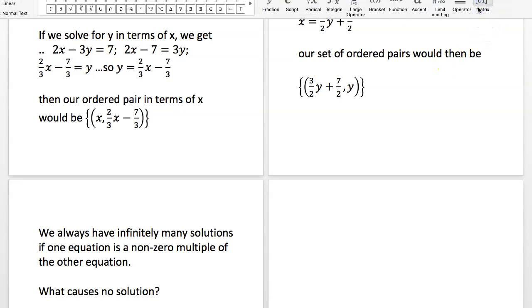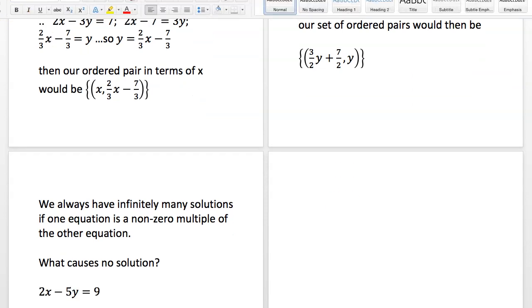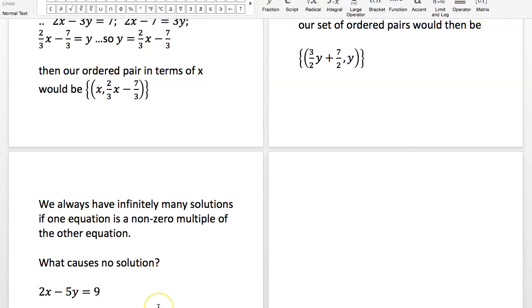Let's say that I have 2x minus 5y equals 9. And let's say that I multiply the right-hand side by 2. 4x minus 10y. Well, I would have infinitely many solutions if I put 18.